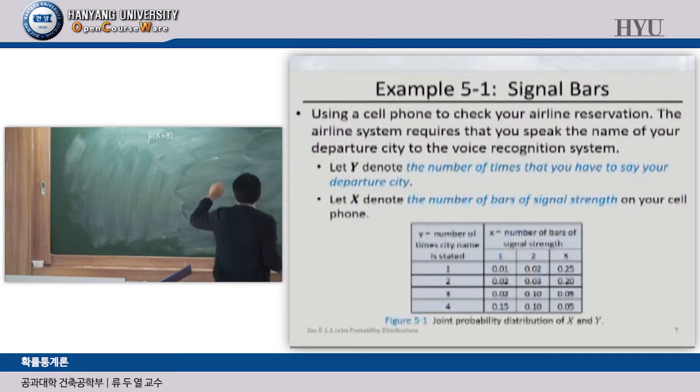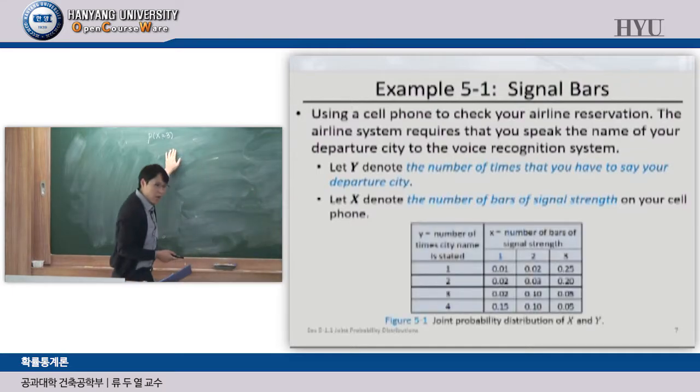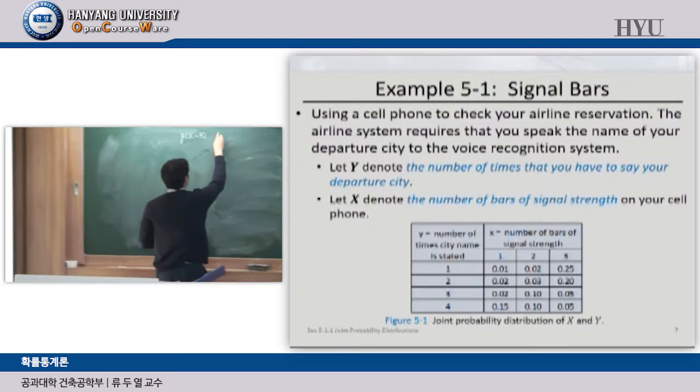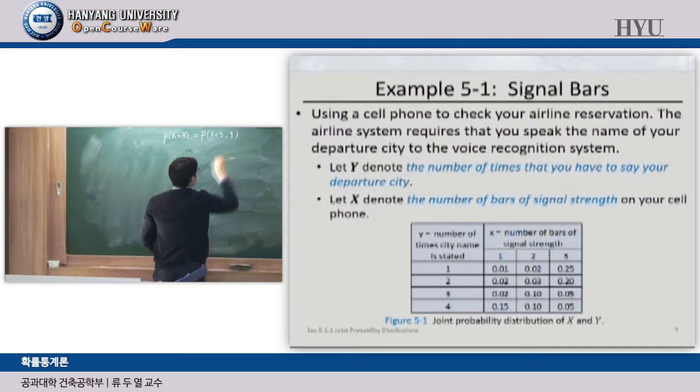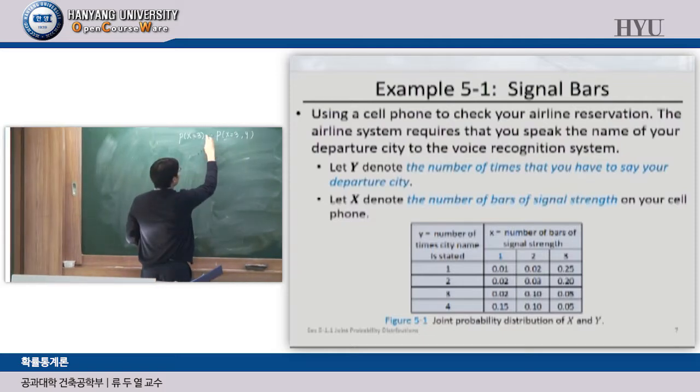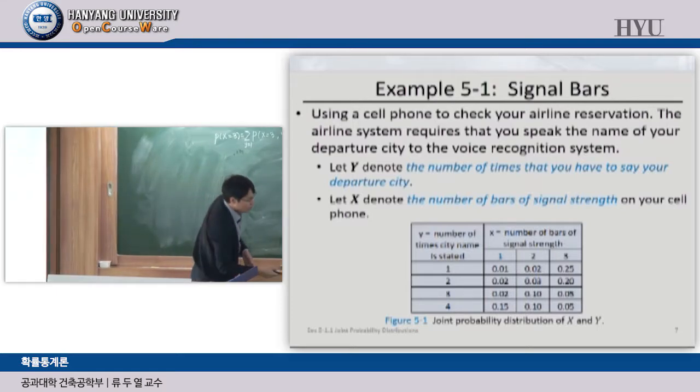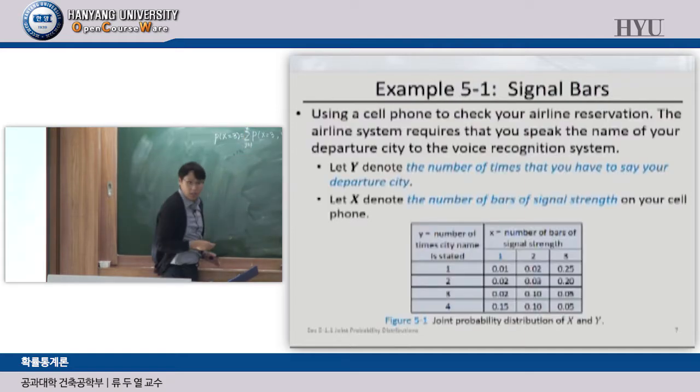And in this case, we don't have to consider the random variable y, right? Which means that this can be written as the joint probability mass function of x equal to 3 and y, summation from y equal to 1 to 4. Okay?